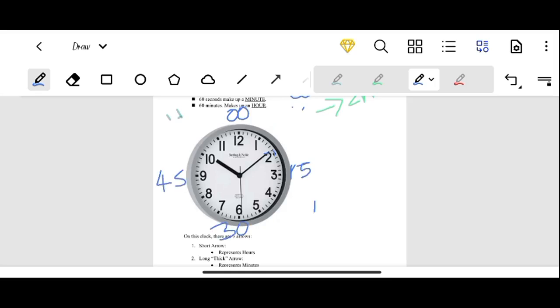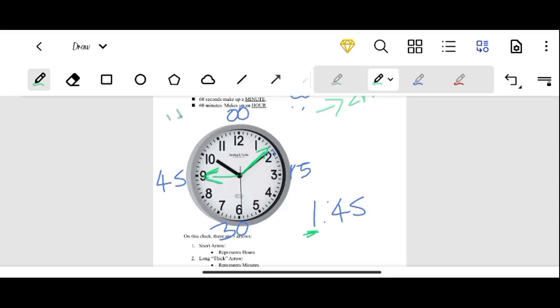So if the time is, let me say, 1:45, the long arrow is going to point at 45, and the short arrow is supposed to point next to the next hour, which is 2. So it's going to be somewhere here, not strictly at 1, but next to 2.